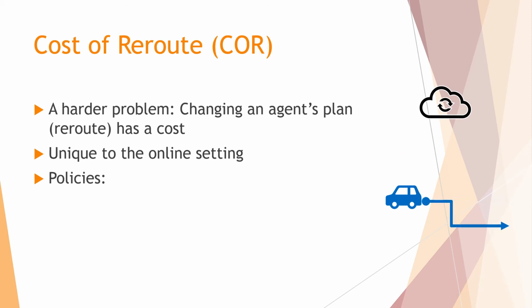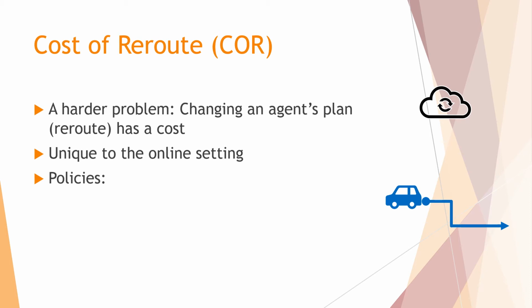This variant is unique to the online version of MAPF, since in offline MAPF, agents will only be given their plans once. Thus, the concept of rerouting an agent doesn't exist.